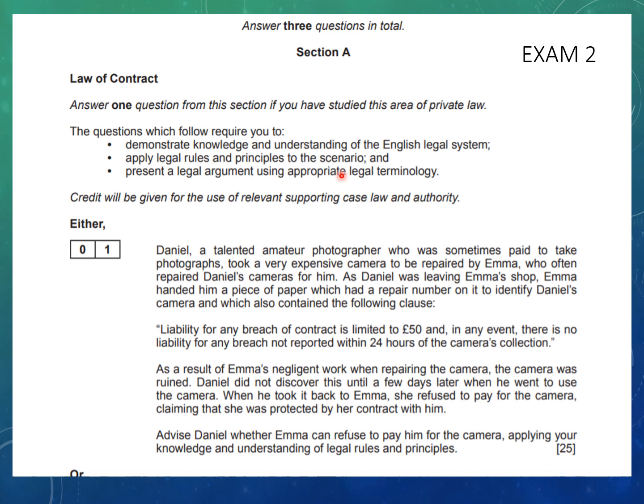You would pick the one you like the best and spend 45 minutes on it. In this example, we've got Daniel, a photographer, and you're being asked to apply your knowledge of legal rules and principles on whether there's been a breach of contract. This one was all about whether an exclusion clause was incorporated into the contract or not.